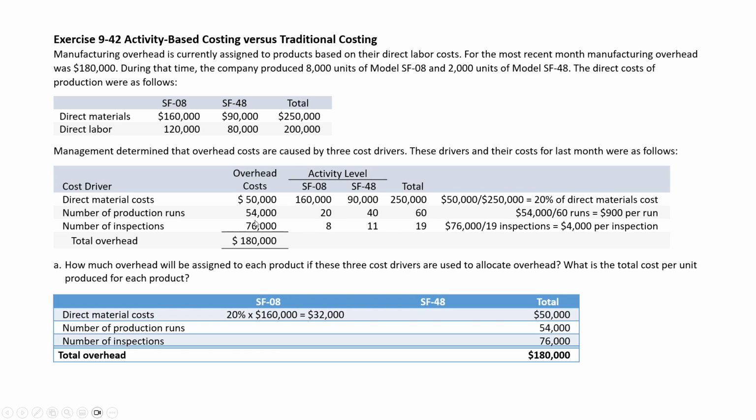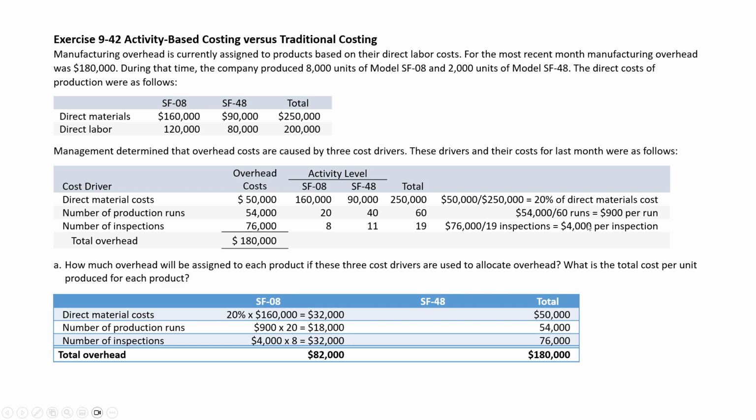Production runs, $54,000 in total, divided by a total of 60 production runs, means $900 per run. Inspection related, 76,000 divided by 19 total inspections overall is 4,000 per inspection. Looking at model 8, production runs, $900 per run times 20 runs for model 8 is 18,000 of production run related overhead assigned.